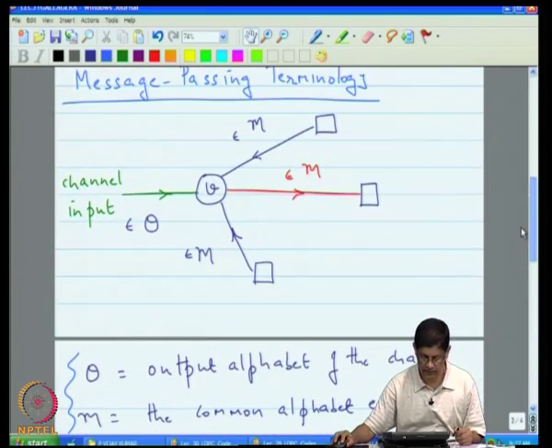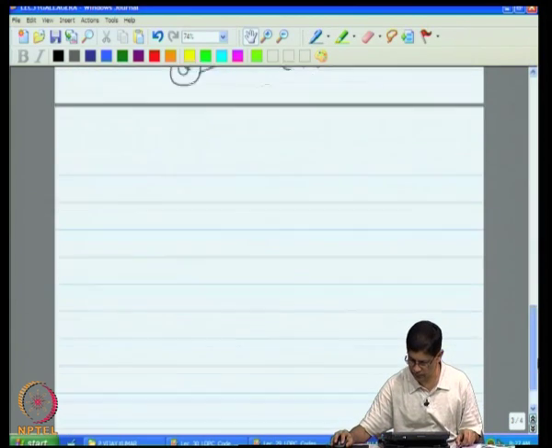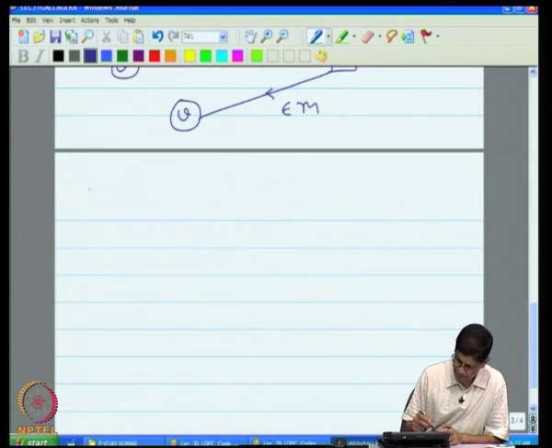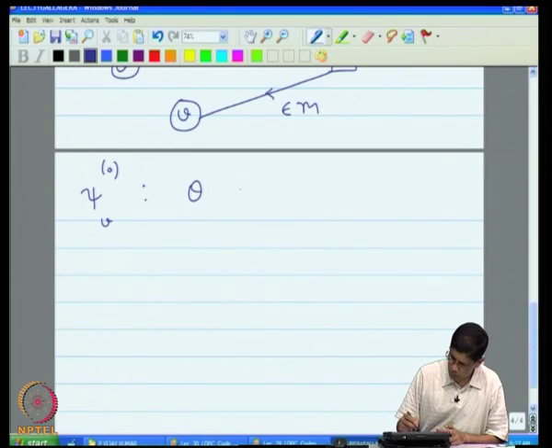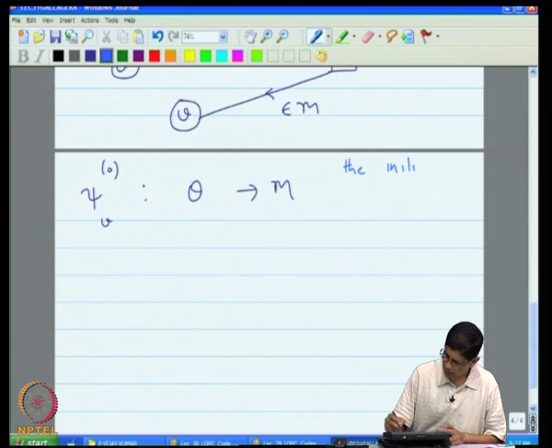Now, message passing can actually be viewed as a mapping from the incoming messages to an outgoing message, right. So, in that sense we will actually introduce the following notation. We will actually say that psi sub v of 0 is a map from O to M, and you can think of this as the initial message map.